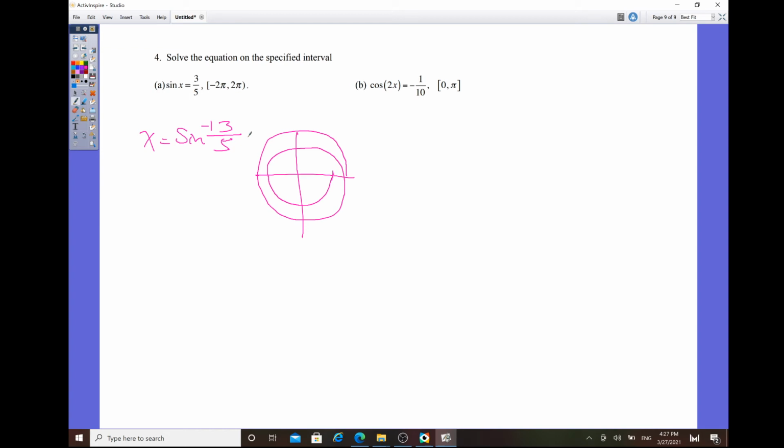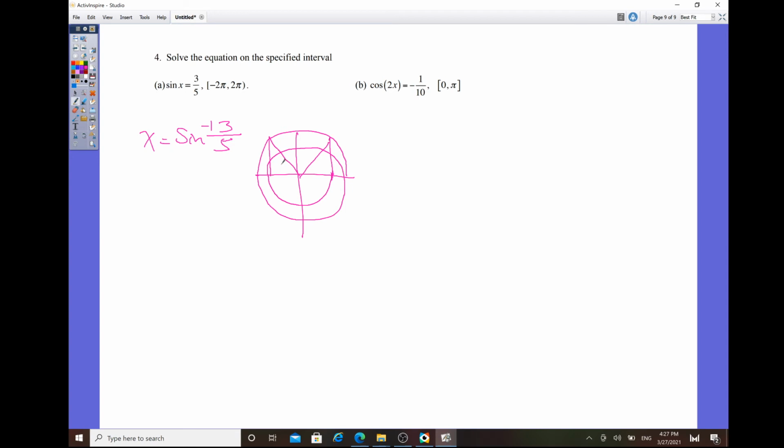Whatever ratio you find for this one, it's going to be the angle in the first quadrant, and also it could be the angle in the second quadrant, because the sine ratio is positive, so it's either in the first or second quadrant.